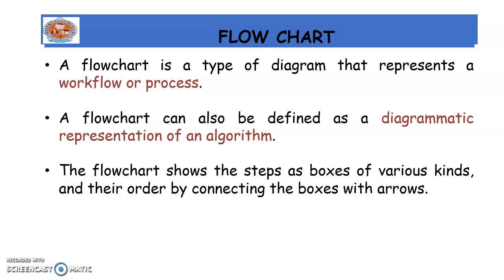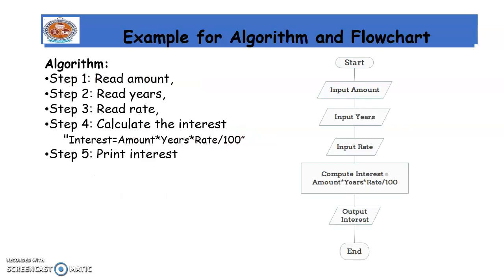The flowchart shows steps as boxes of various kinds and their order by connecting the boxes with arrows. We have steps in the algorithm, right? So those steps are to be indicated in the flowchart by using boxes. These boxes are of various kinds and their order is shown by connecting the boxes with the arrows.